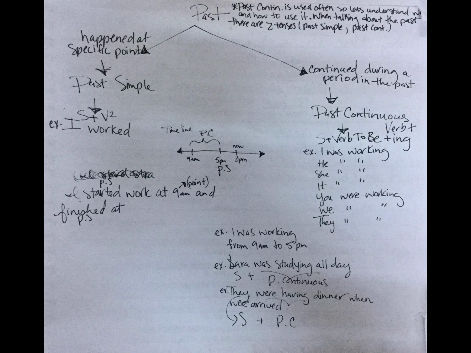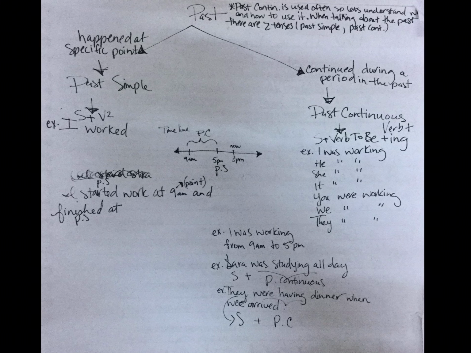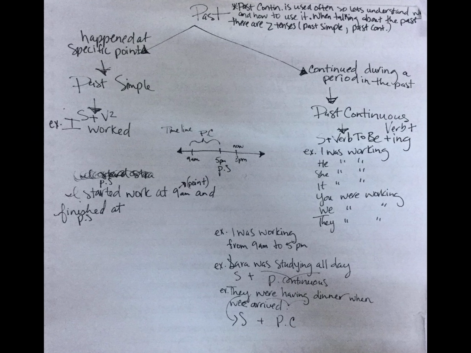Example: I was working from 9 to 5. That is past continuous. Sarah was studying all day. Sarah, we have the subject, and then the past continuous, was studying. And then, they were having dinner when we arrived.